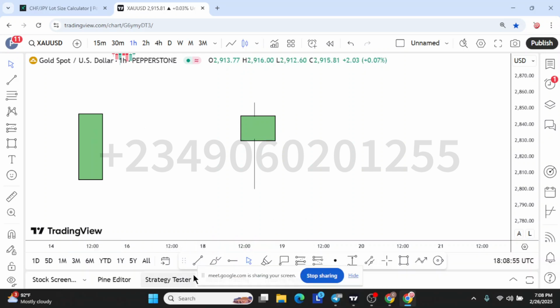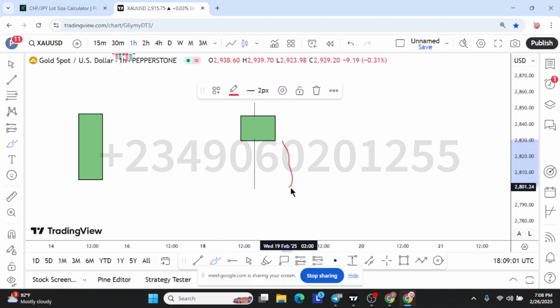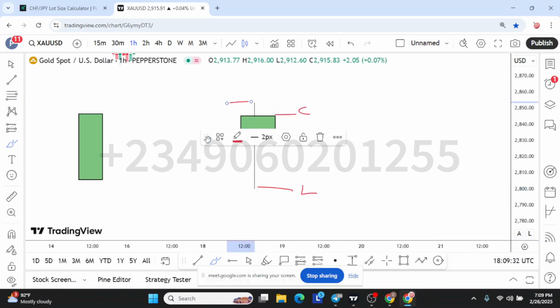This one shows us that there were sellers in the market, but before that time could close, I swept those sellers off and price just pushed up, and then a few sellers come in, the candle closes this way. So if we want to label this pin bar as a bullish candlestick, this is the open, this is the close, this lowest point is the low, and here is the high of this candlestick.